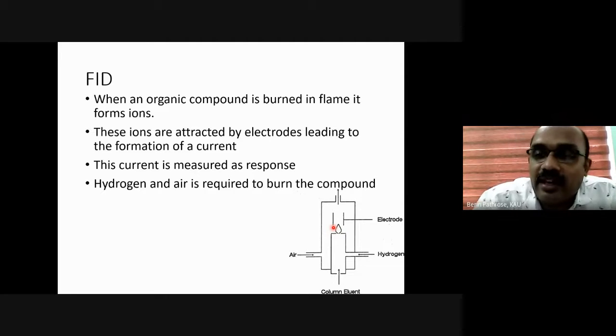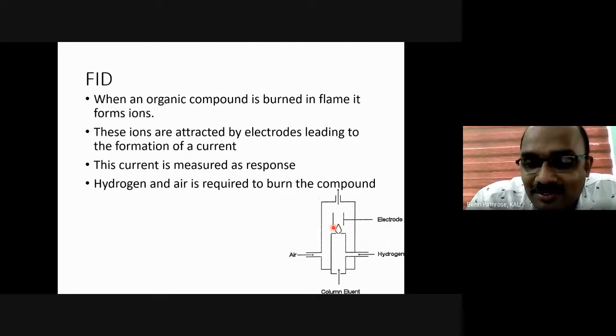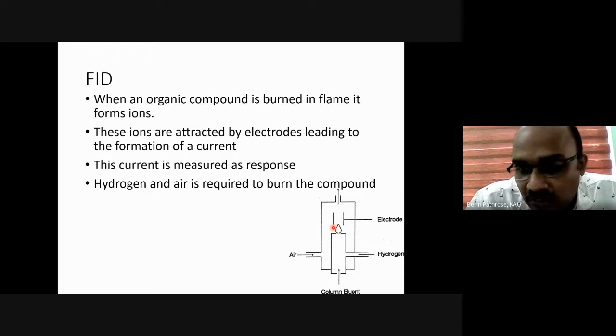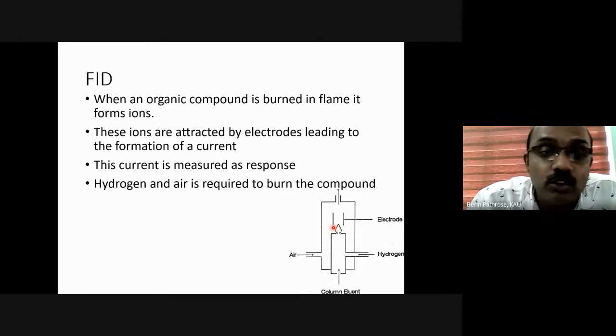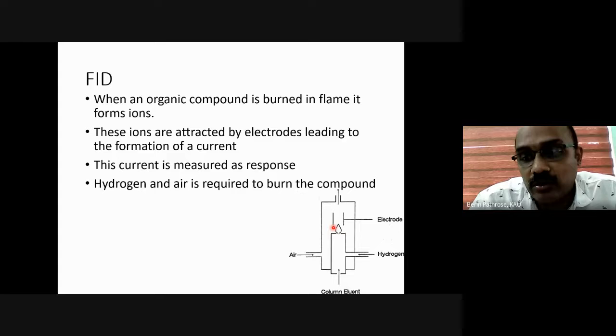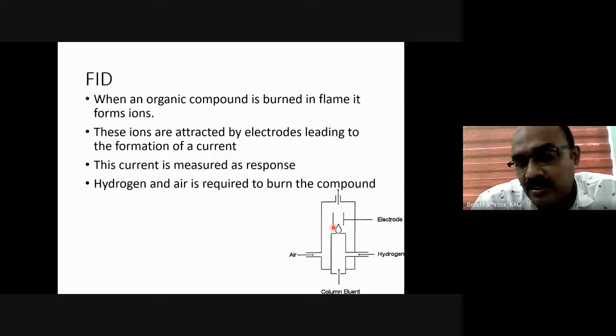It detects either anion or cation. Depending upon the number of ions, the number of ions formed from each compound will be different. The ionization capacity of each compound will differ: certain compounds will get easily ionized, more number of ions will be there, certain compounds will have less number of ions.